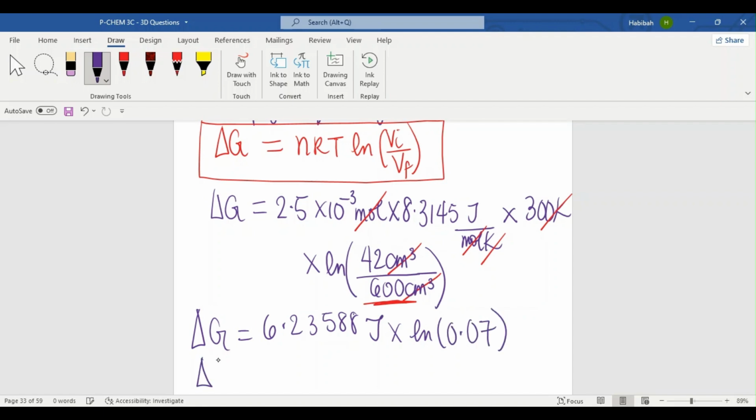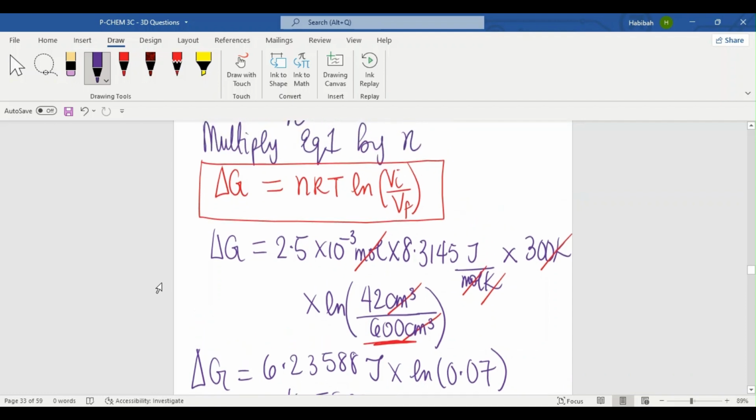So changing G is 6.2358 times ln 0.07, which will end up giving us negative 16.5828 joules. So this is basically the answer to our question.